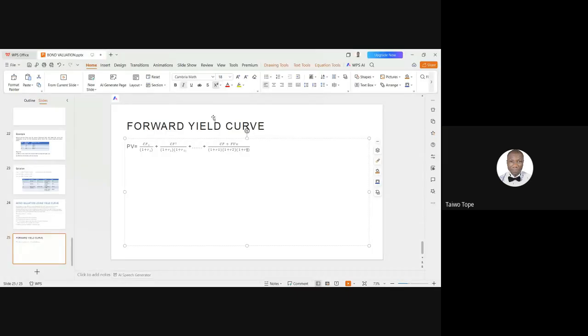That is the concept of forward yield curve. You cannot have period 3 without period 2. So you consider the discount value cumulatively in that order. For you to solve that question on the group I posted, this is the concept we are to apply.